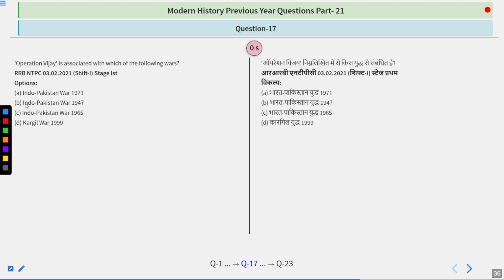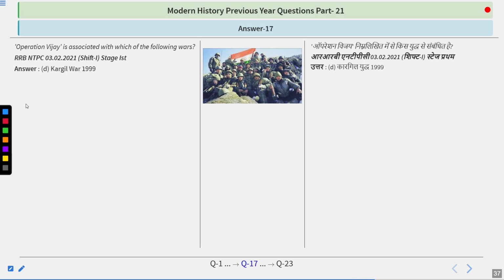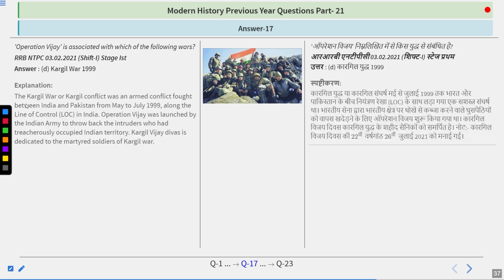And I guess the answer you are looking for is quite right because the answer is Kargil War 1999. So do remember that Operation Vijay is related to Kargil War 1999. And one more thing that you can add is that 26th July is basically celebrated as Vijay Divas.